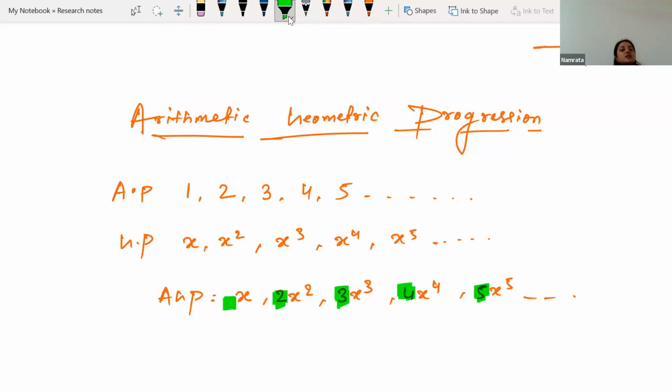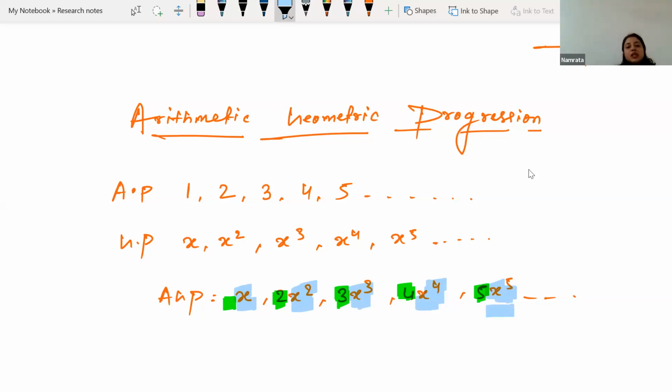Is it maintaining any sequence? Is it maintaining the pattern of GP or AP? In the first term, second one, third one, fourth one, fifth one, you will find a pattern: one number from each term, one from here, one from here, one from the next one.